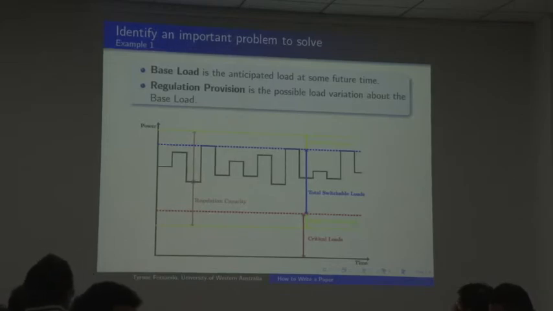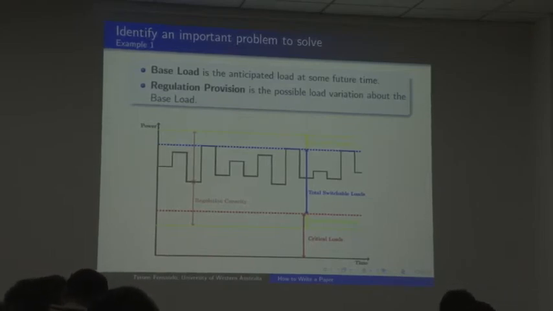So by increasing the base power, you can make money by producing more goods, right? By providing regulation, you can make money. So the customers have two ways of making money, right? So to maximize, you need to choose the correct proportion: how much to produce, how much to provide regulation. So it becomes an optimization problem.